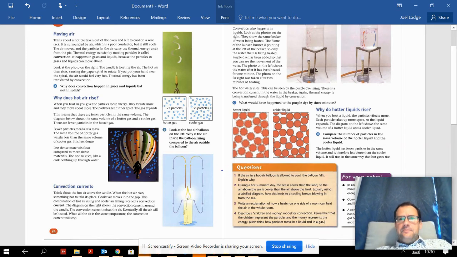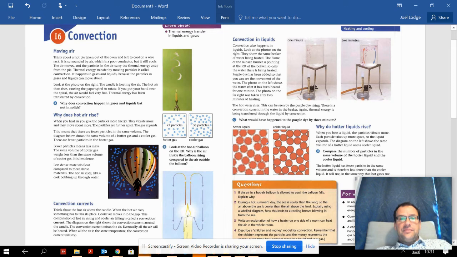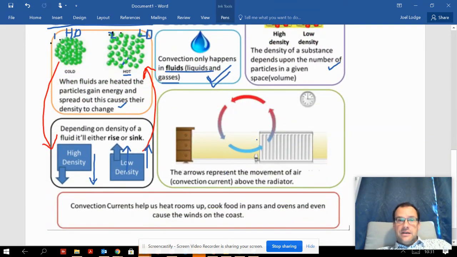And there are lots and lots of other applications of convection currents. We use convection currents in colder countries. So this radiator in colder countries like the UK, Scotland, Canada will actually heat up the air here. The particles of air will heat up, they'll become spaced out, they will rise up over the more dense area that surrounds the radiator.